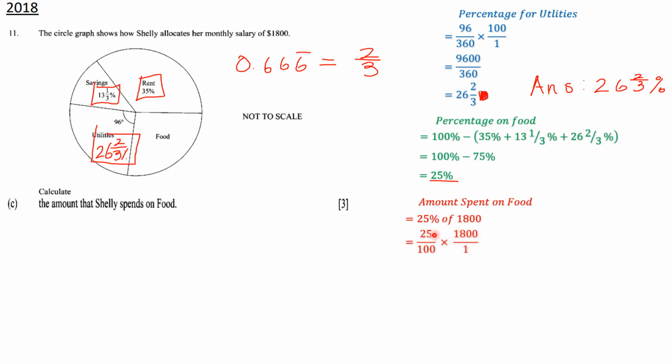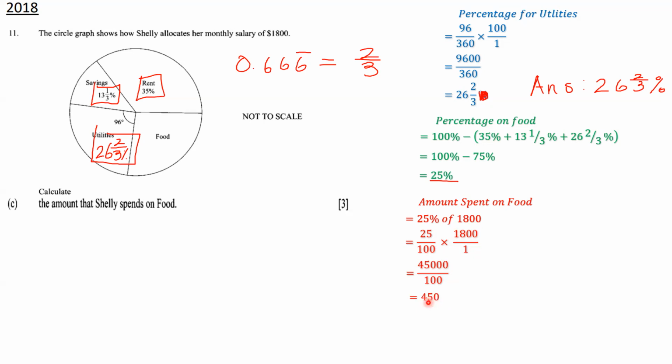We do 25 multiplied by 1,800, which is going to be equal to 45,000. And we do 100 multiplied by 1, which is going to be 100. And so we do 45,000 divided by 100. That's going to give us 450. And so the amount spent on food is going to be equal to 450.